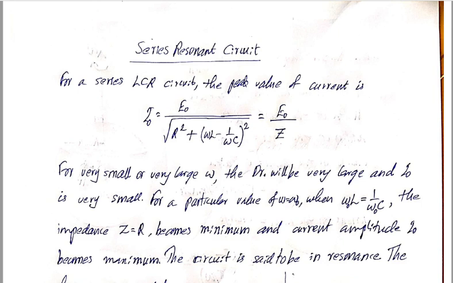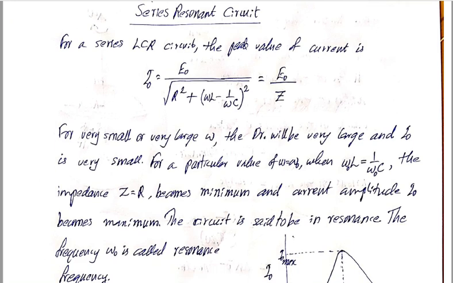This frequency at which the inductive reactance and capacitive reactance cancel each other and the current amplitude in the series LCR circuit becomes maximum is called the resonance frequency, and the phenomenon is called resonance in series LCR circuit.